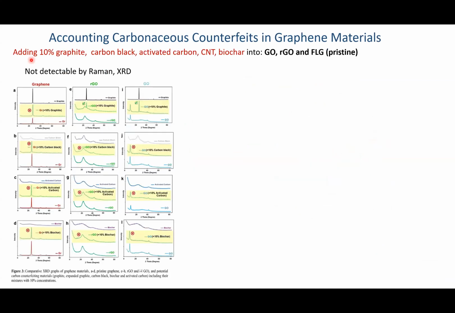In the next experiment, we added 10% of all these additives into graphene oxide, RGO, and few layer graphene to see if we can detect them by Raman and XRD. And again, we were not able to detect this addition.